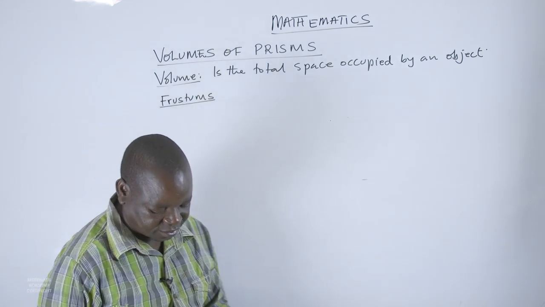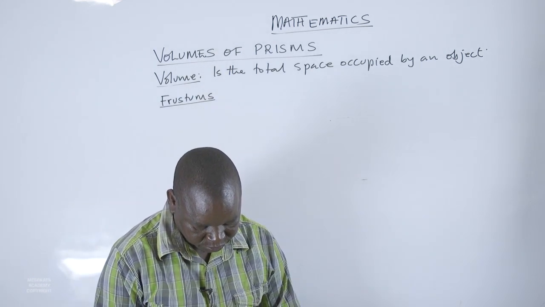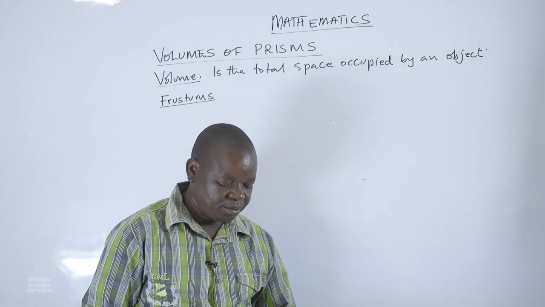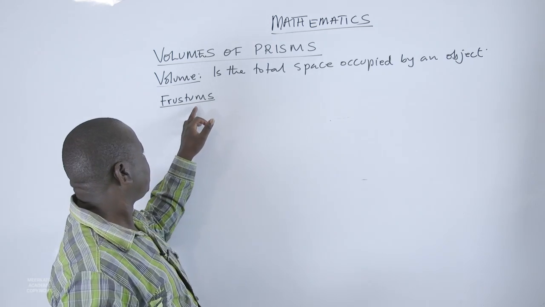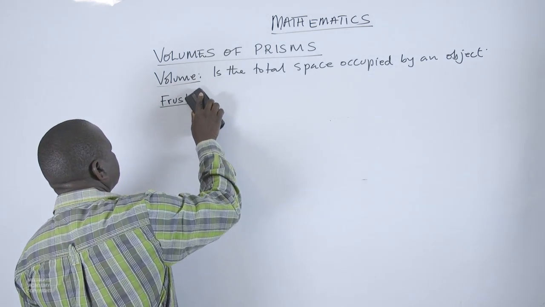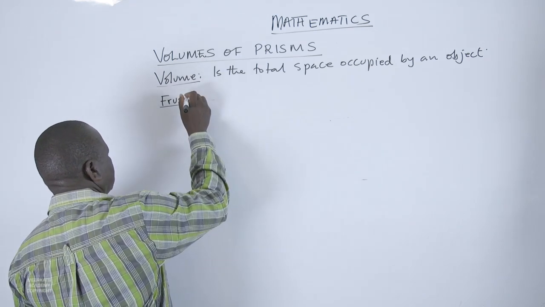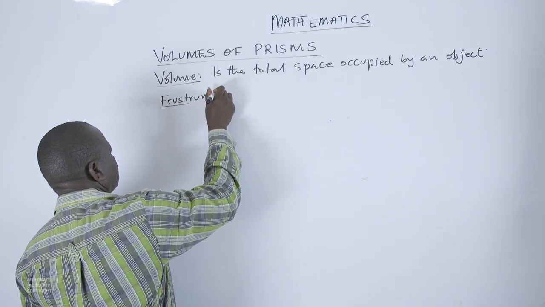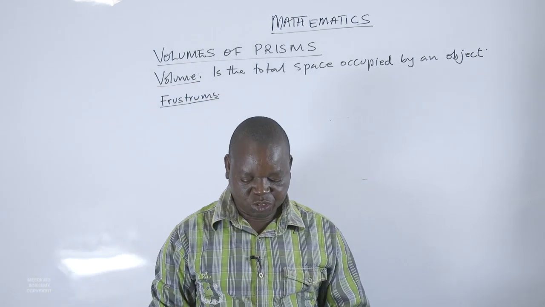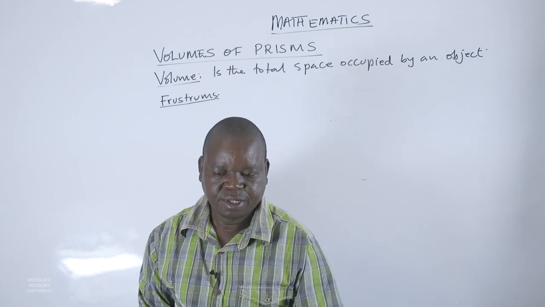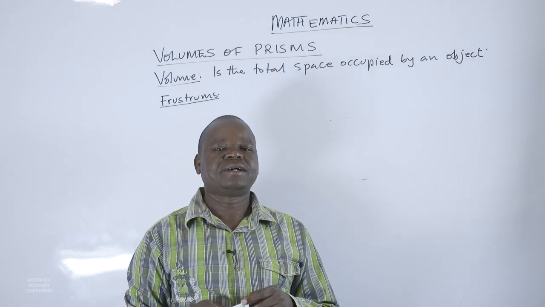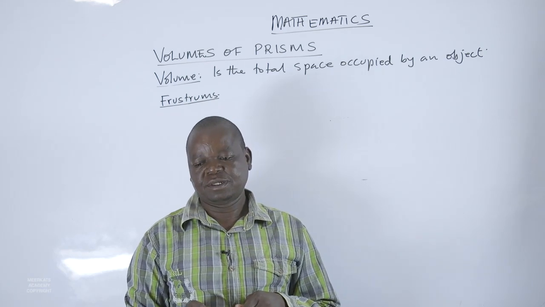Now let's look at frustums. Now class, frustums are three-dimensional objects that are generated from other prisms.